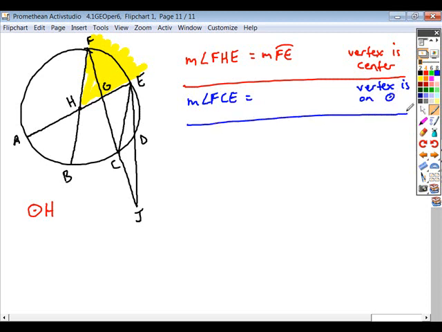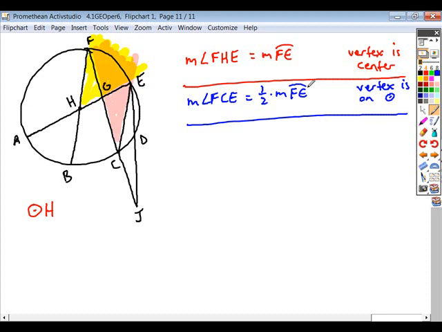Angle FCE has an interior, so all of this is our interior, and the portion that's contained in the interior of that angle is still just FE, and the relationship is we're dealing with 1/2 the measure of that intercepted arc. Okay? So this is review of what I talked about on the slide before last.